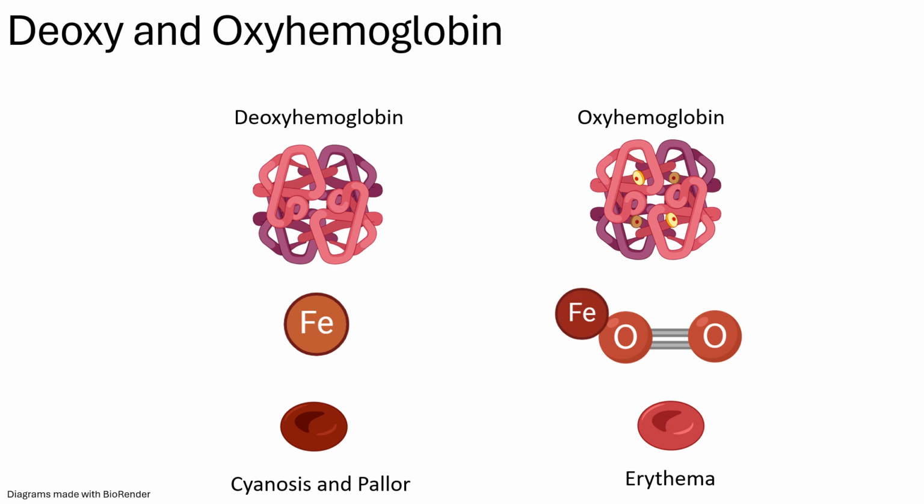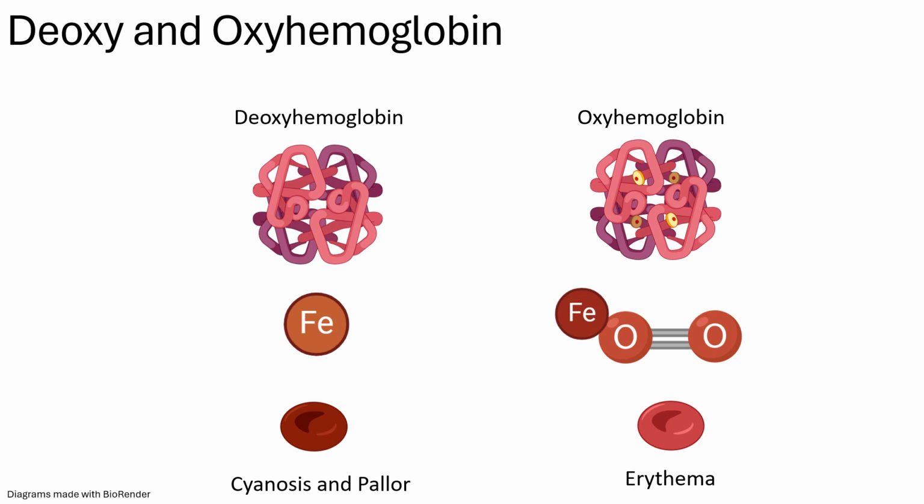In this case, the hemopigment is very dark in color, giving the red blood cells a very dark brick red color. It creates either cyanosis or pallor when oxygen is not present.